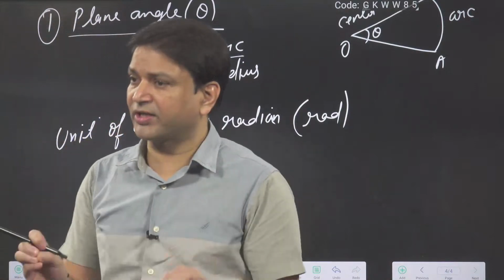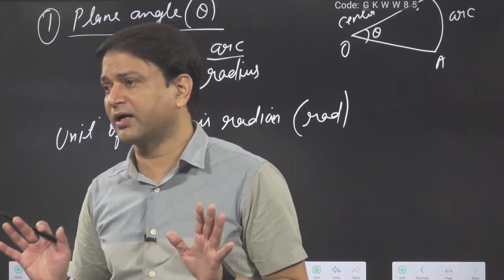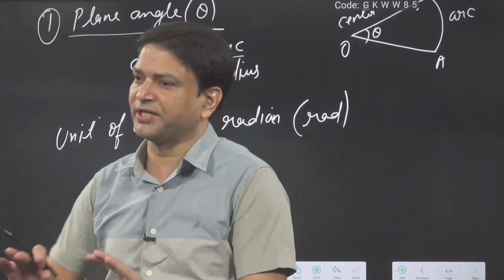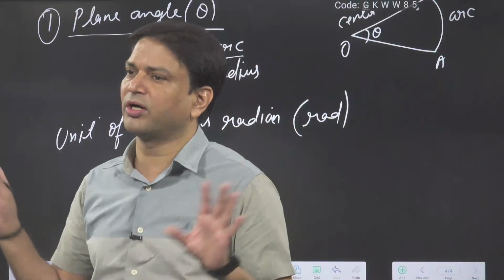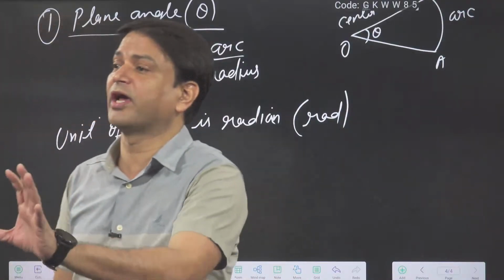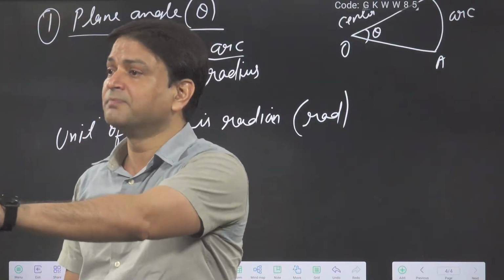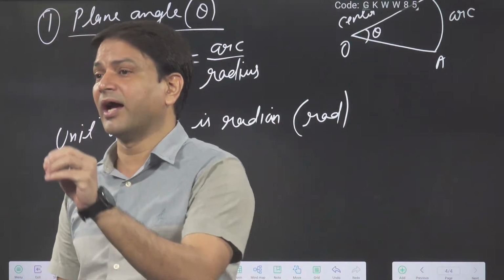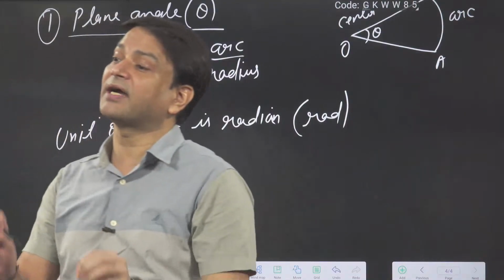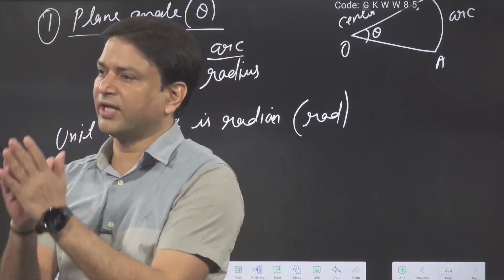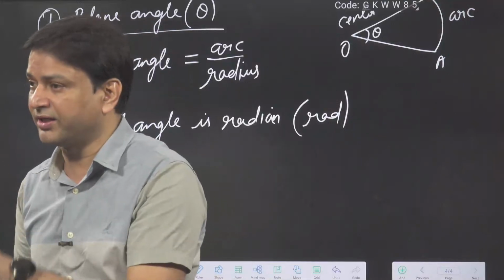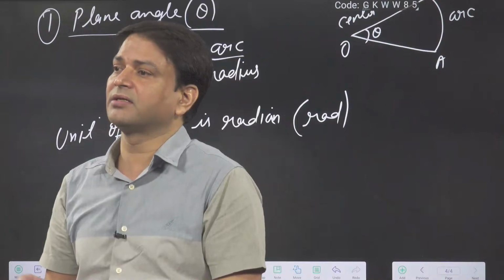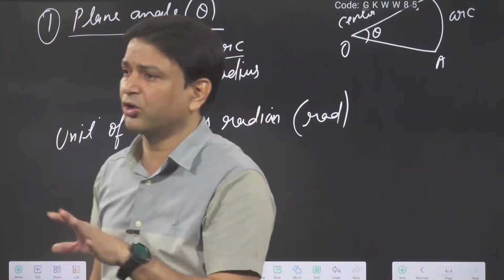Degree only if they are giving degree. Suppose a body is rotating and it has angular displacement theta, and I have not given anything else. If a unit is required, it means this value is in radian. Until they mention that the angular displacement of the body is theta degree, we take radian. So the default unit for the angle is radian. Angle between the two lines is theta. What is that theta? Radian. Everybody got it or not?